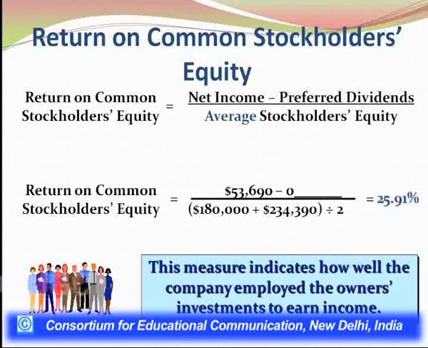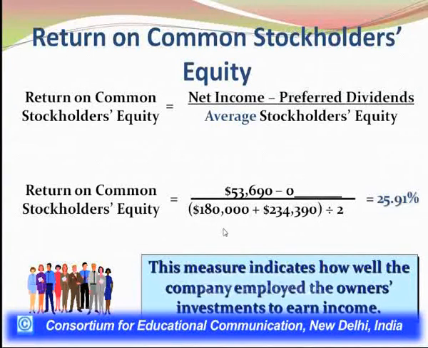In this case, we know that 53,690 is the amount of net income which is available to shareholders for distribution. Since there were no preference shareholders, no dividend for preference shareholders is there. So that is why this value is 0. Since the company has been using only equity shareholders, in the denominator we have average stockholders equity.